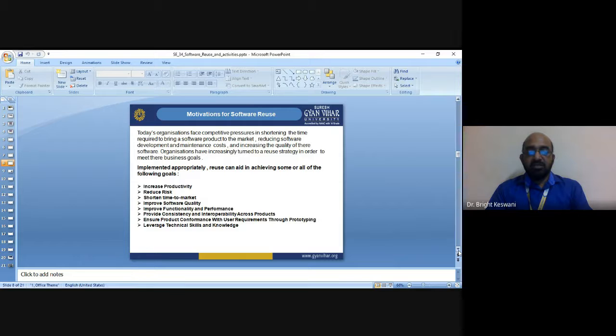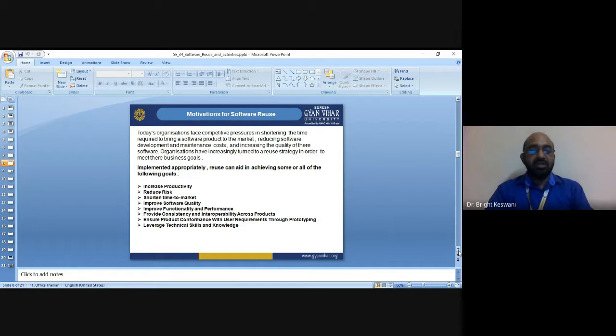Software reuse also provides consistency and interoperability across products. Standard interfaces and common use of components across products facilitate ease of use and interoperability.